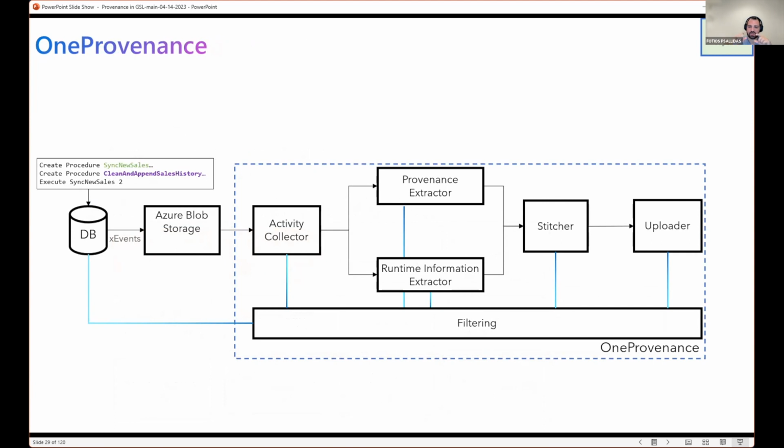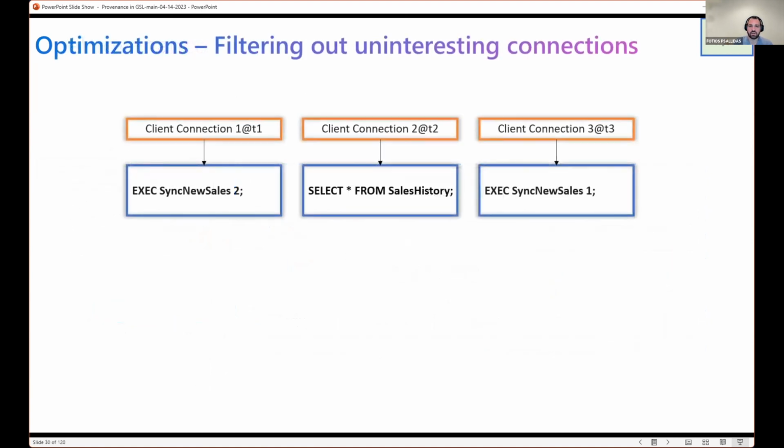So we introduced a SIM layer where you can express your filter, and then these filters are going to be injected into the different components of OneProvenance. So we are not doing the filtering at the output of OneProvenance. We're essentially doing the selection push down into the different components of OneProvenance. All right, so that said, now let's go into the different optimizations, starting from filtering out uninteresting connections.